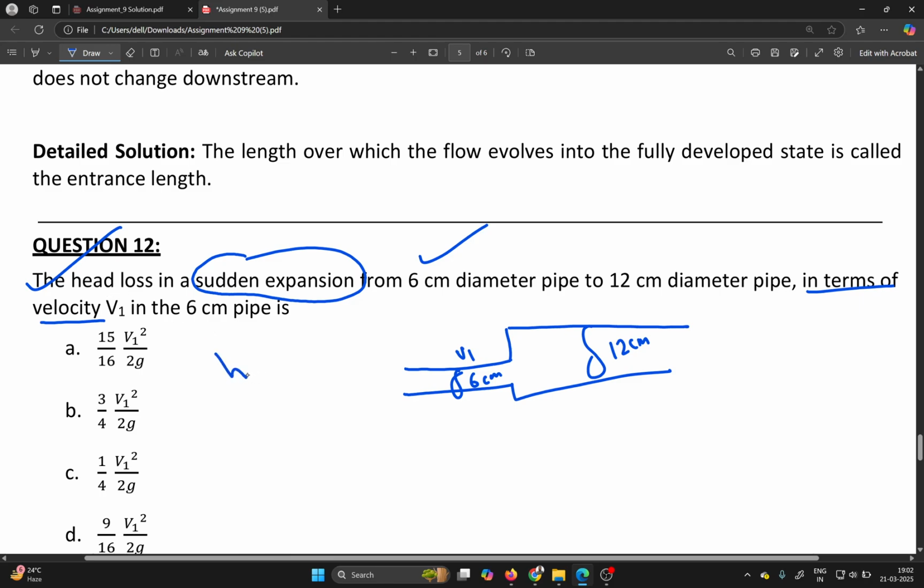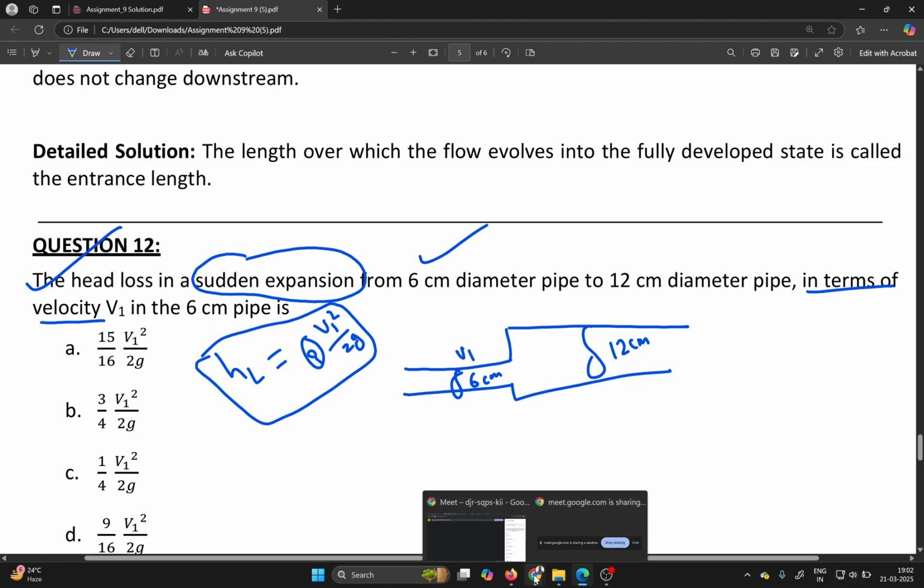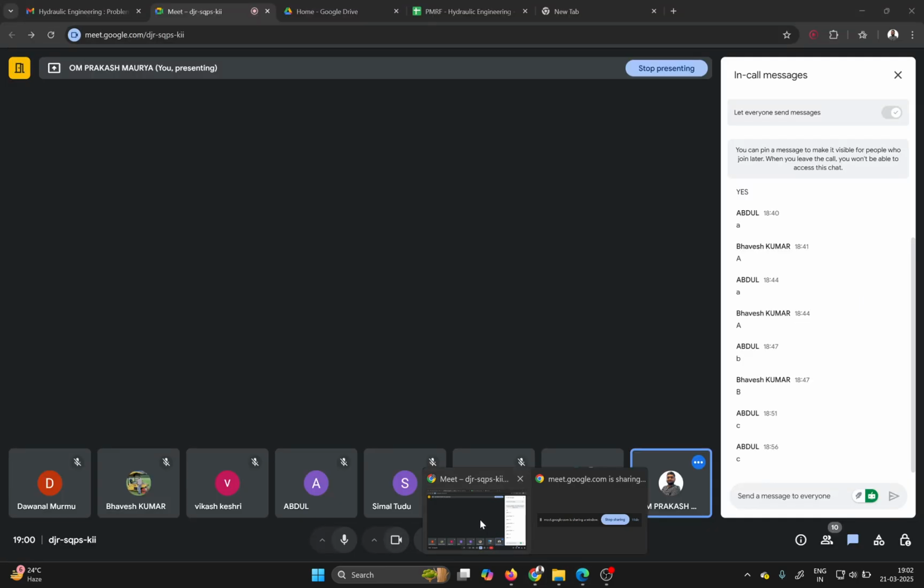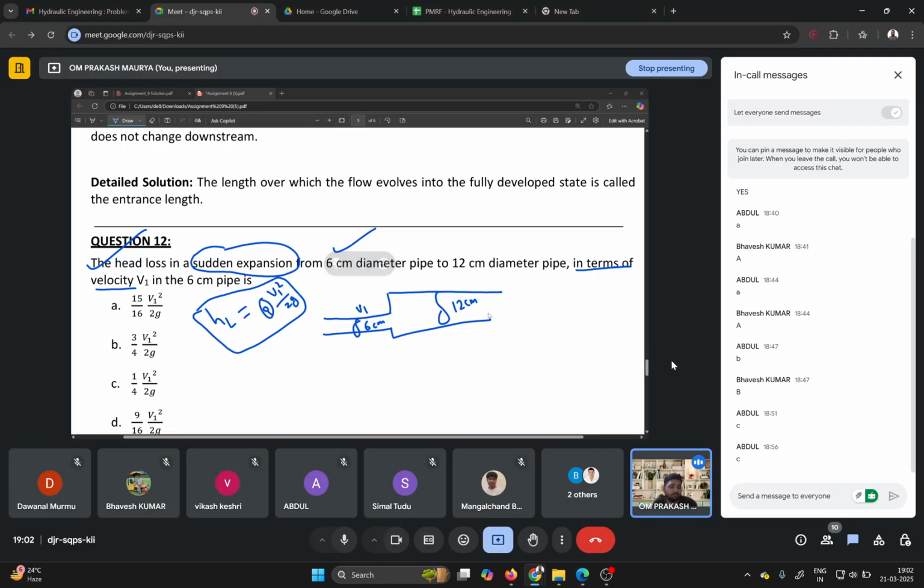The question is head loss in terms of v1 square by 2g, but how much here? Whether 15 by 16, 3 by 4, 1 by 4, or 9 by 16. Which option will be correct for question number 12?